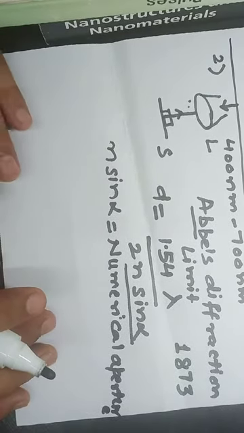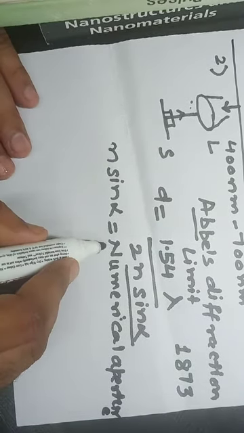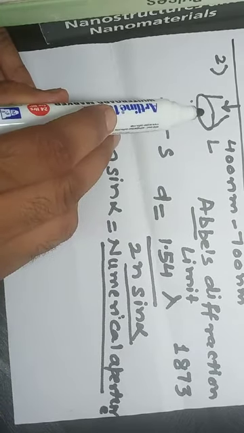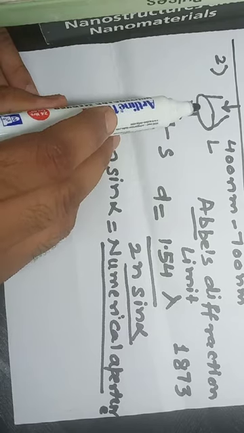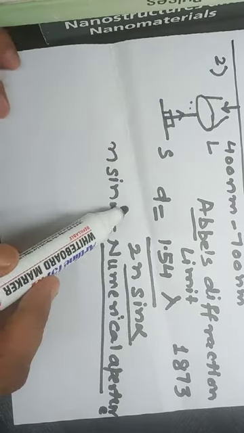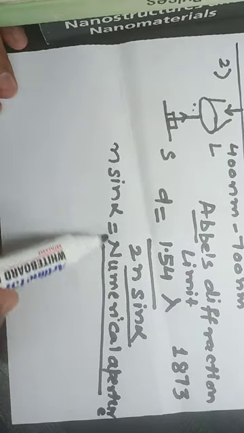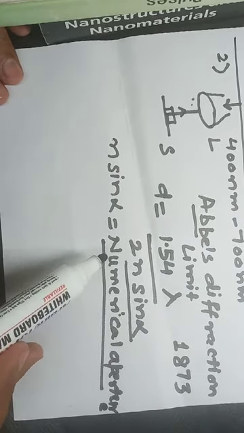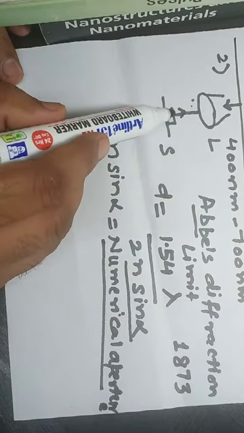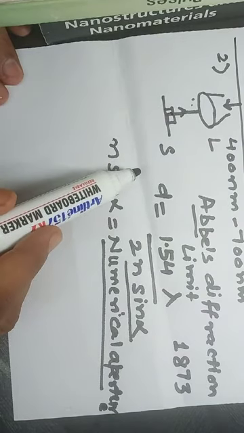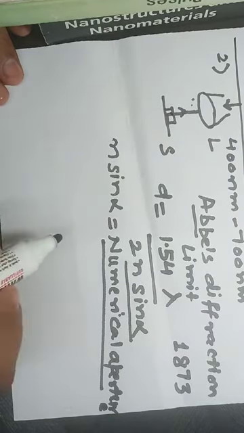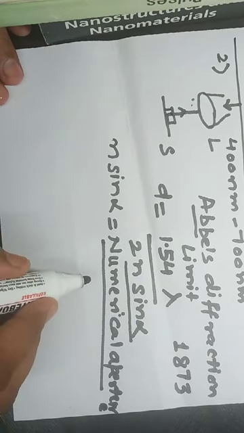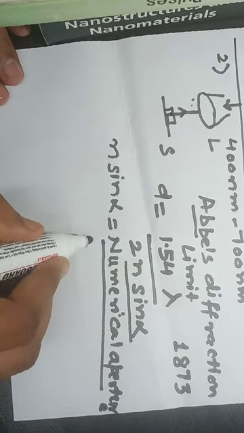What is the meaning of the numerical aperture? It is the light gathering ability of the microscope objective, in the case of the optical microscope. If you have a very good objective which can focus all the light coming from here onto the specimen sample, then you would have the numerical aperture equal to 1.